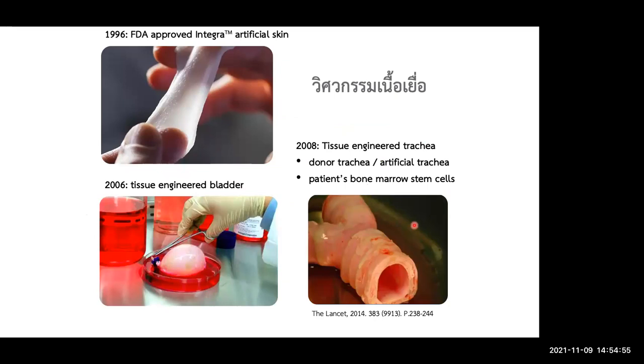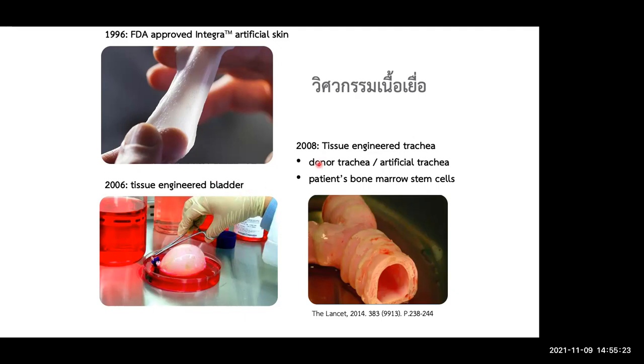Last but not least, there are some rooms for improvement and there's some hope, because now the tissue engineering is already in the market. For example, in 1996-97, we have the skin graft called Integra already. And now in 2006, there's some research and actual application of tissue engineered bladder.